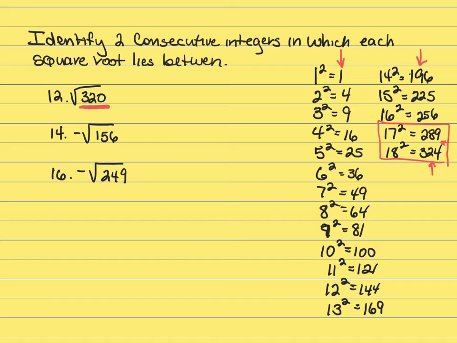So the two consecutive integers, what does consecutive mean? Consecutive integers are integers that follow one another, or that are right next to each other.